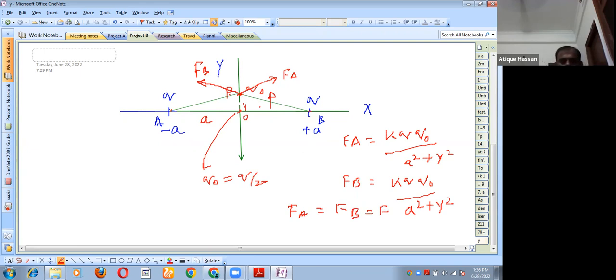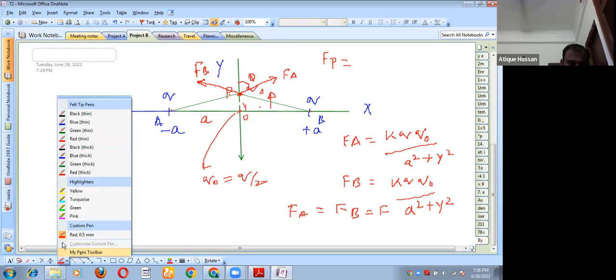Now suppose this angle is theta. So what will be the net force on P? Can you say what will be the net force on P, in terms of components?